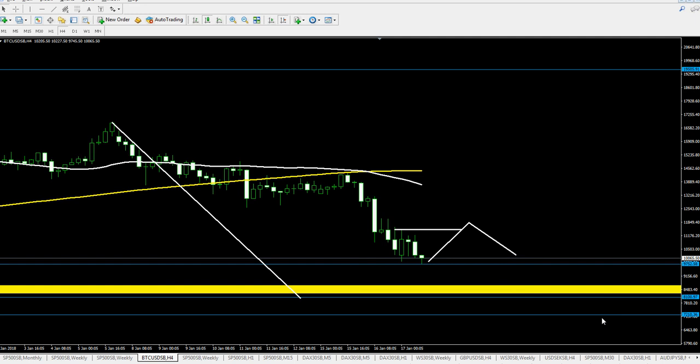Now, the other thing is, a couple of people have said to me, what happens if it breaks that level? Well, it can break those levels, and it can break them by 20 or 30 or 40 pips on, say, a currency. On Bitcoin, it could break it by maybe 100 or 200 pips. So these levels identify areas where the market might reverse.